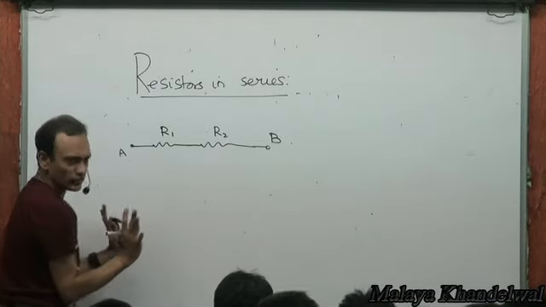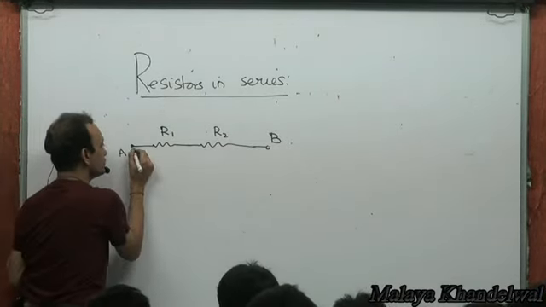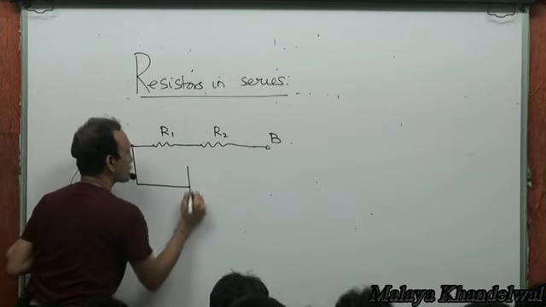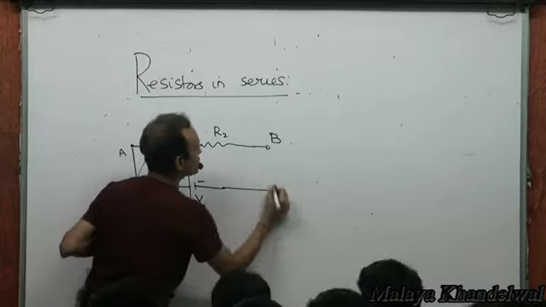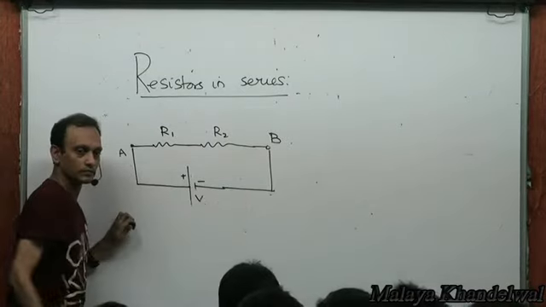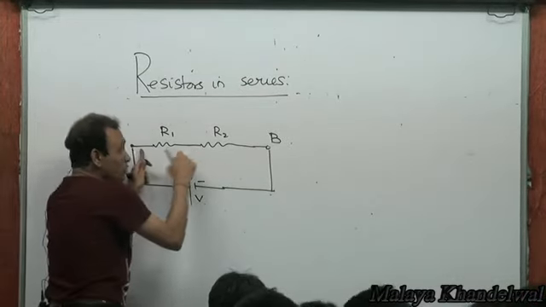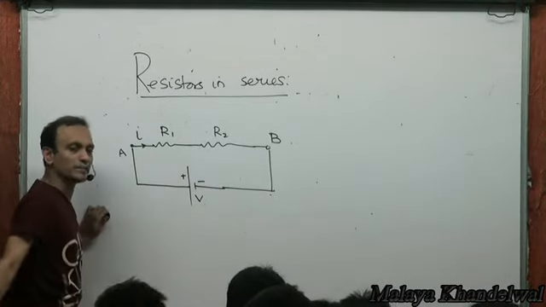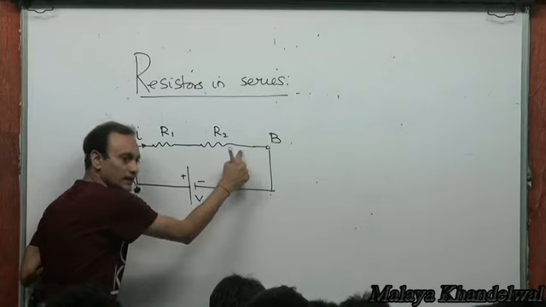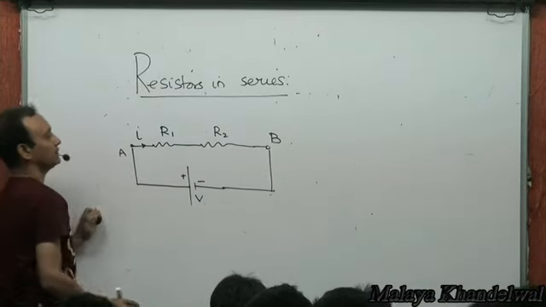Then all that I would do is I would imagine a battery of V volts to be connected across these, right? They are said to be in series if the same current flows across them. If the same current flows across them, then they are said to be in series.